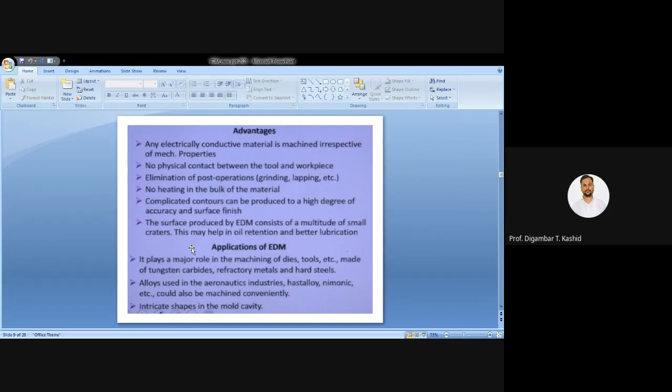Again, alloys which are used in the aeronautics industries could also be machined conveniently using this EDM process. Intricate shapes can be produced in the mold cavity using this EDM process.